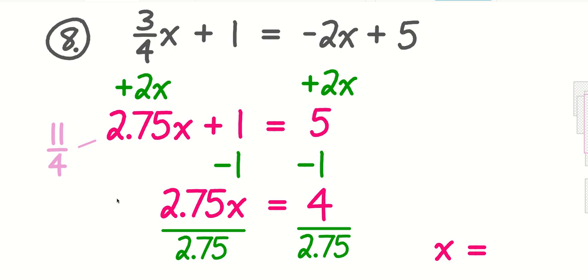But dividing by a fraction is the same as multiplying by its reciprocal. So I think the best final answer here, whether you use a calculator a lot or not at all, is 16 over 11. 16 elevenths, okay?